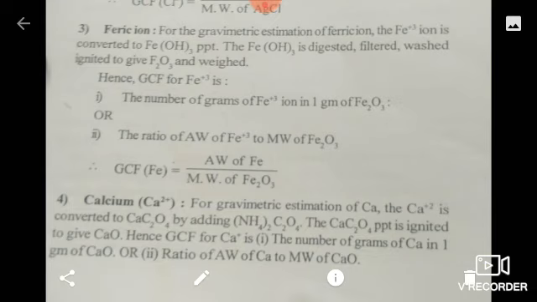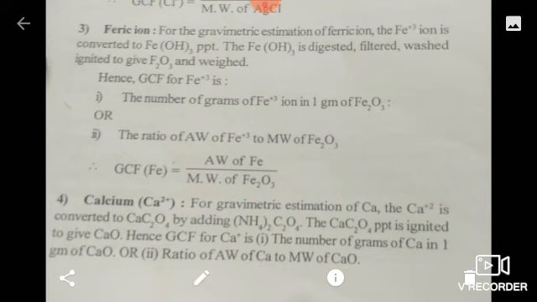Then next gravimetric conversion factor is about calcium. For the gravimetric estimation of calcium, the calcium plus 2 is converted into CaC2O4 by adding ammonium oxalate, that is (NH4)2C2O4. The calcium oxalate precipitate is ignited to give calcium oxide.